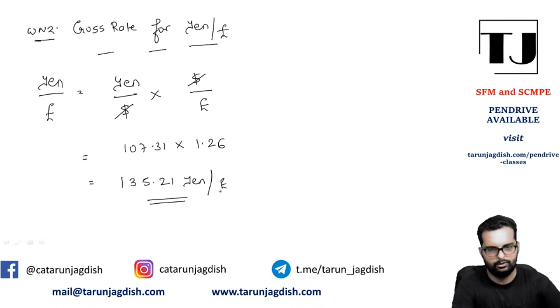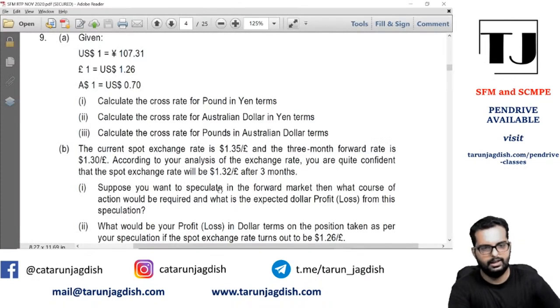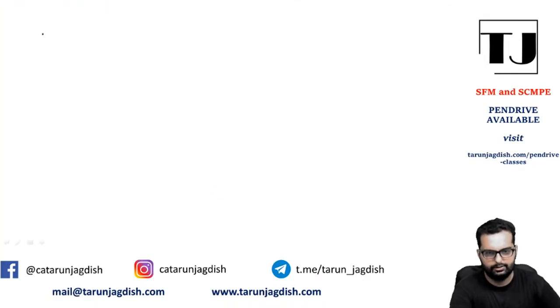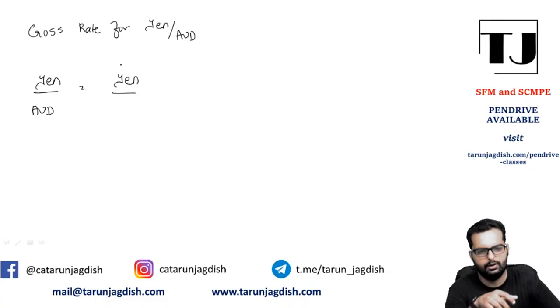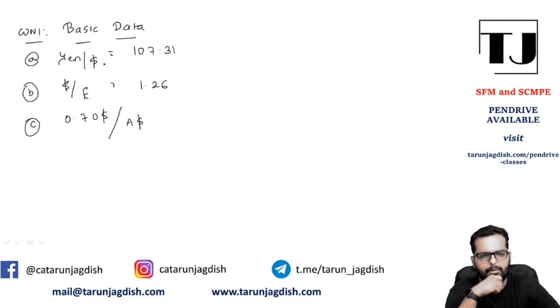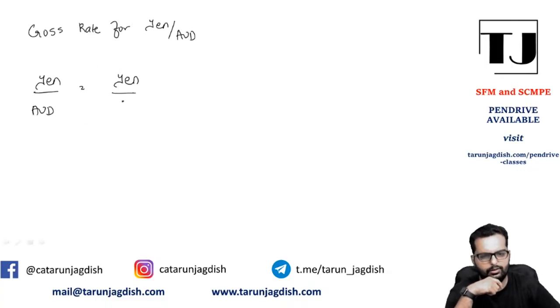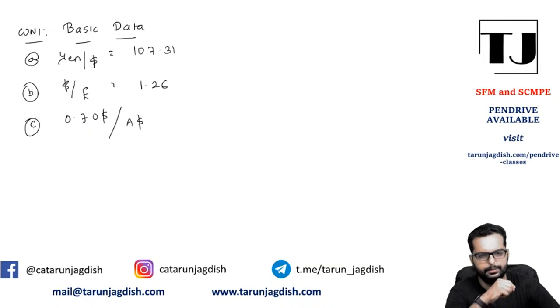Are you done? Shall we go to the next part now? Now we'll calculate the cross rate for Australian dollar in yen terms. So the next requirement is the cross rate for yen per AUD. Thus the formula would be yen per AUD is equal to yen per dollar into dollar per AUD, as both rates are available. So how much is yen per dollar that we got over here?